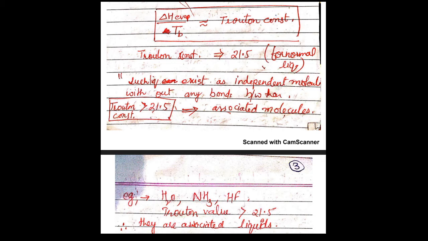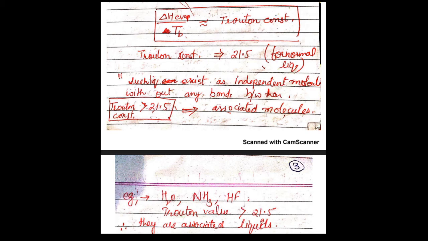For normal liquids, if molar heat of vaporization is expressed in calories and boiling point in the absolute scale, degrees Kelvin, then the Trouton constant has the value 21.5. Such liquids exist as independent molecules without any bonds between them.